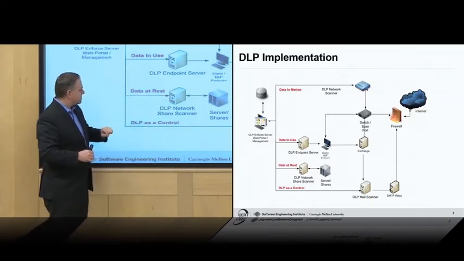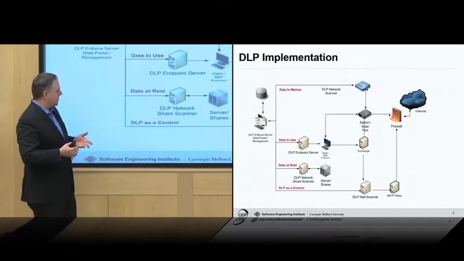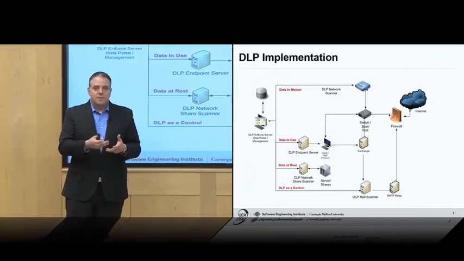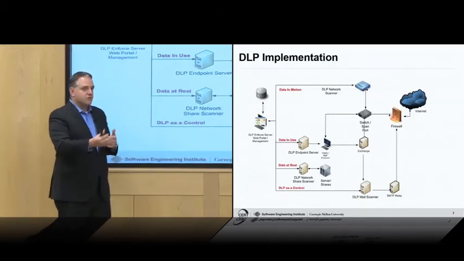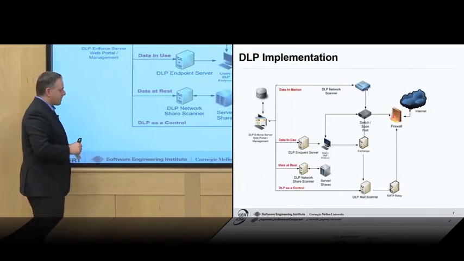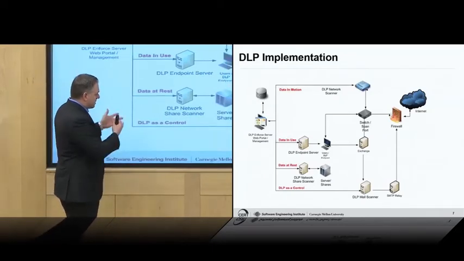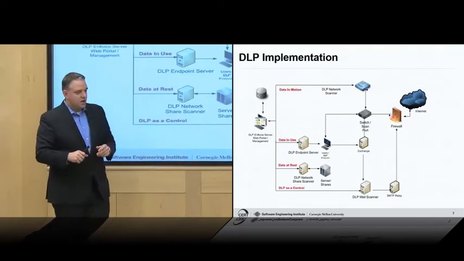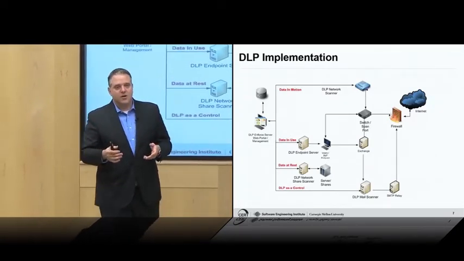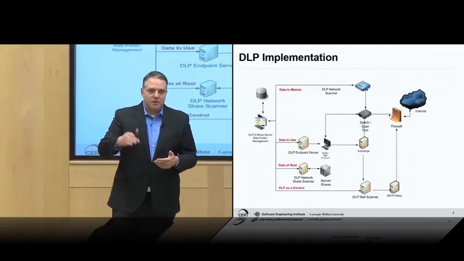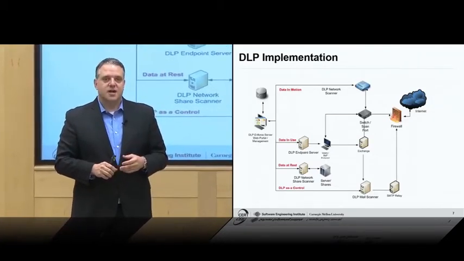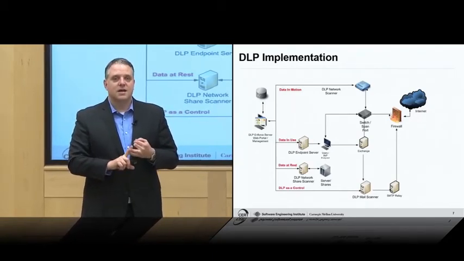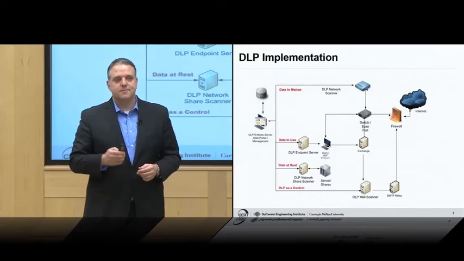And data at rest, you can look at from your file servers or common areas where data might be aggregated and look through that for sensitive data as well. And the last point up here, DLP as a control, you can have this set up on your email server to monitor outbound email connections, such that you're looking for markings, you're looking for presence of data, and then you can take appropriate action on that.